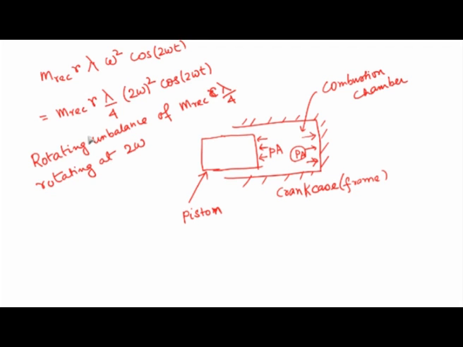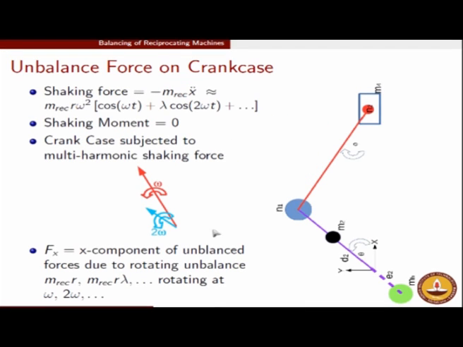However, this part means a rotating unbalance, but then you have to take only the cosine component of it, which means you have to take only the x component of this rotating force. So that's what I meant, that instead of thinking of shaking forces in reciprocating terms, you can think of this as shaking forces in terms of rotary machines.